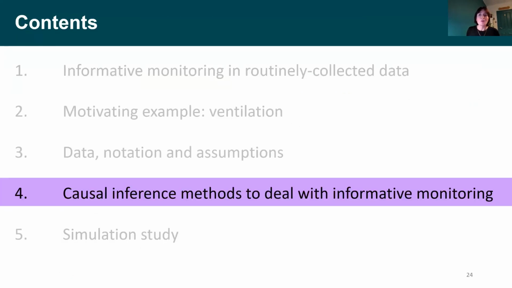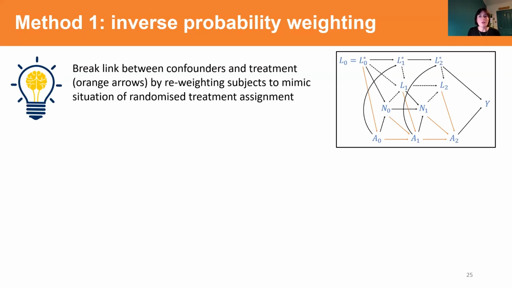I'll now introduce two causal inference methods that we can use to estimate this causal estimand from our routinely collected hospital data, which is subject to informative monitoring. The first method I'll describe is inverse probability of treatment weighting.